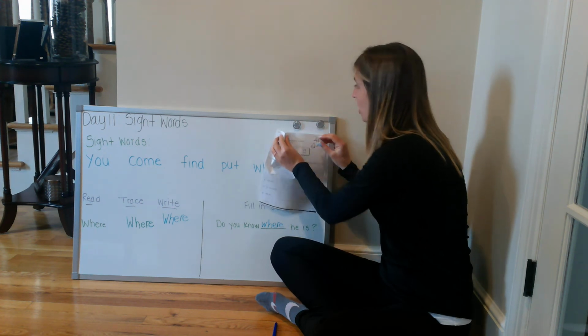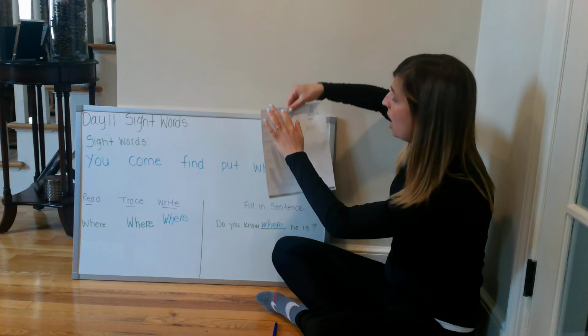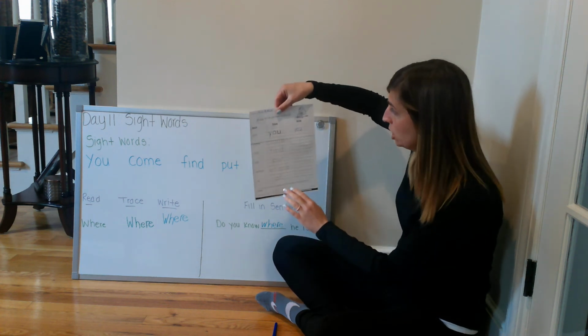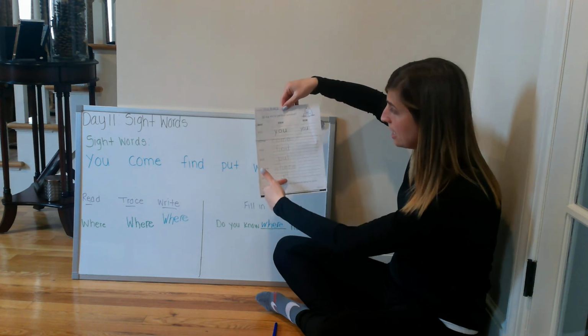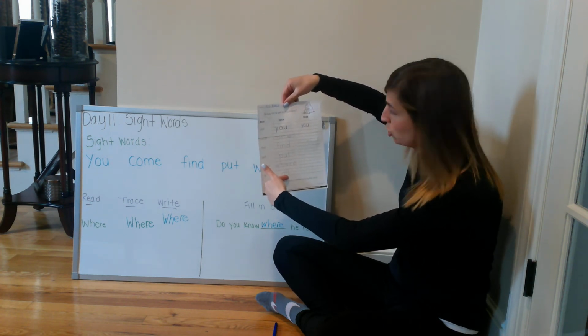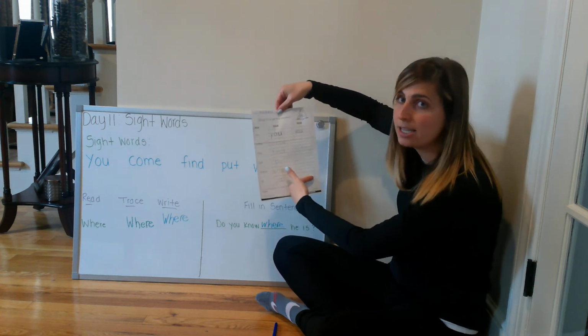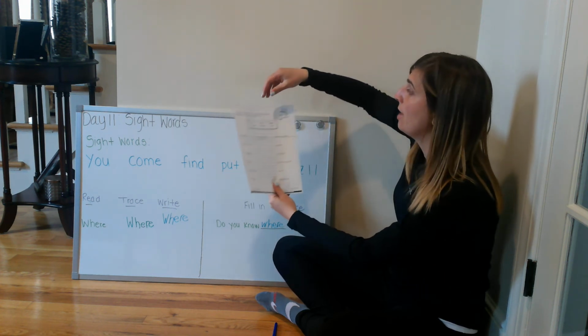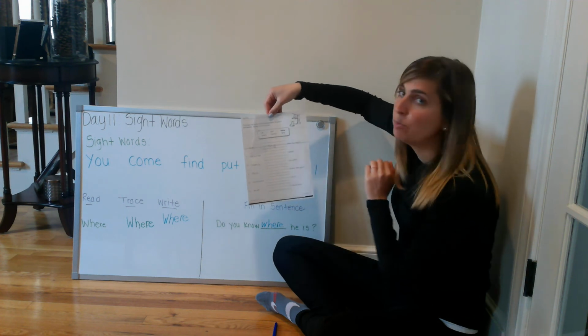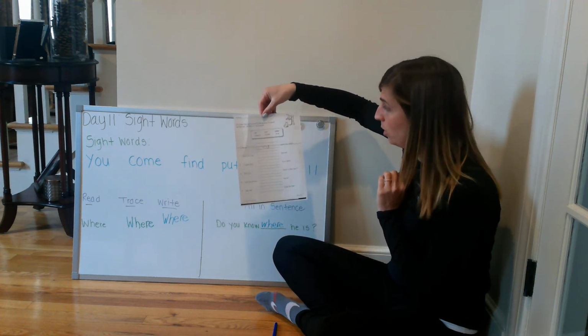So remember, I'm going to go over the directions again. On the front of the worksheet, you're going to read the sight word, trace the sight word, saying each letter as you trace it, and then write the sight word on your own as you say each letter. On the back, you're going to complete the sentence with one of the sight words.